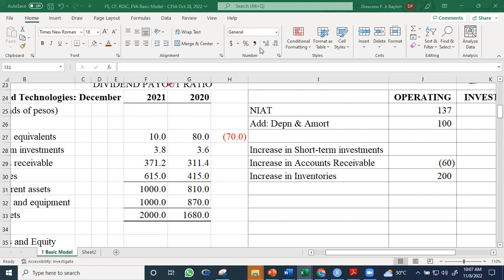It should be negative if it's a use of cash. So isn't receivable supposed to be negative because you're not actually getting money? But you sold something, right?